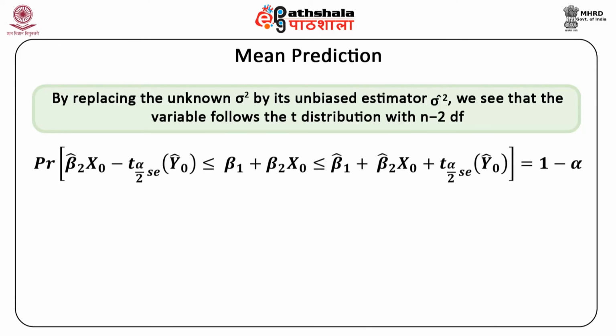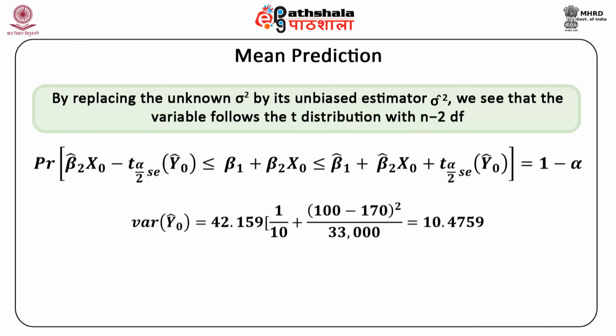On substituting the values in the above equation, we get the variance of y0 hat equal to 42.159 times the bracket 1 by 10 plus (100 minus 170) whole square divided by 33,000, and this comes out on simplification to be equal to 10.4759.